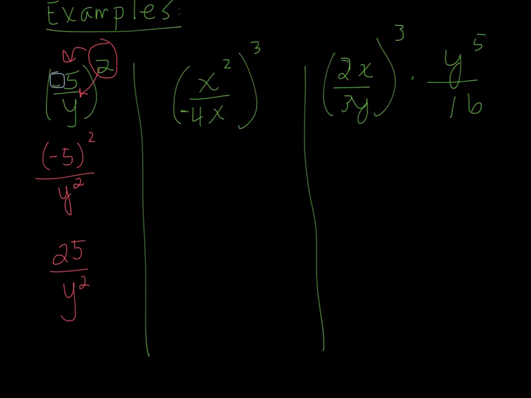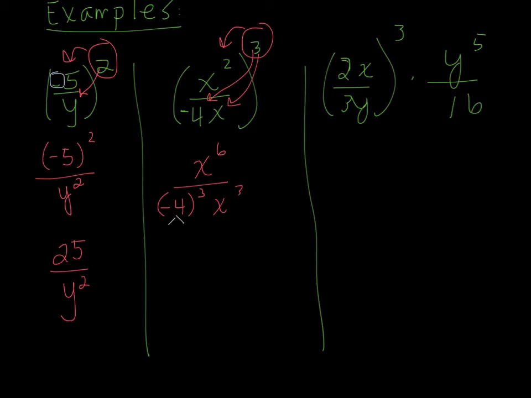With the next one, I want to distribute but not distribute, the power of 3 to every single factor. So all 3 things need to get that power of 3. X to the 2nd raised to the 3rd power. A power to a power we multiply, giving me x to the 6th, over negative 4 cubed x to the 3rd.